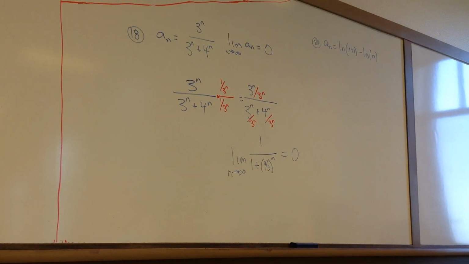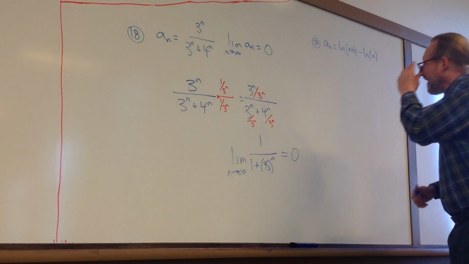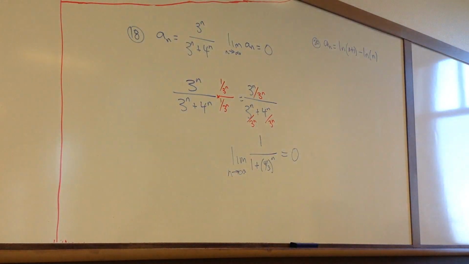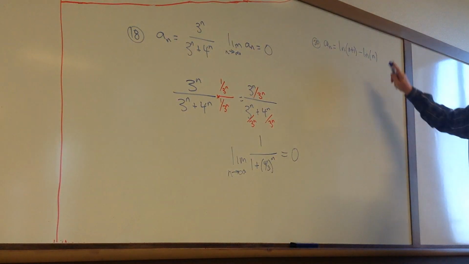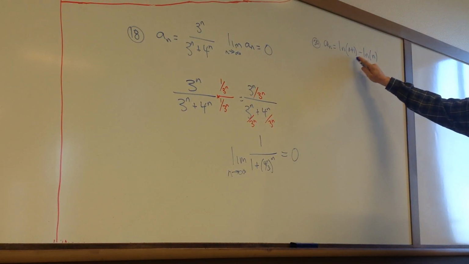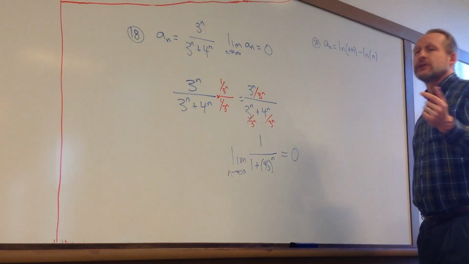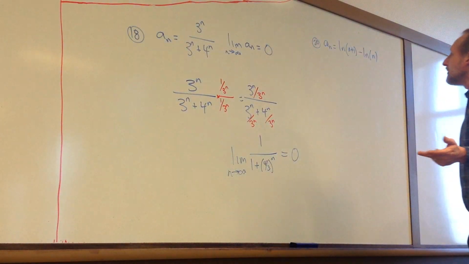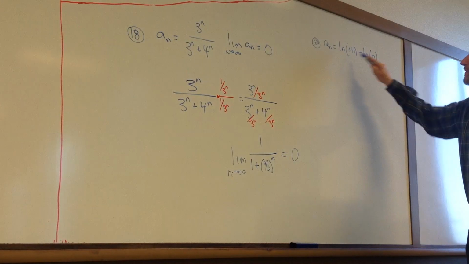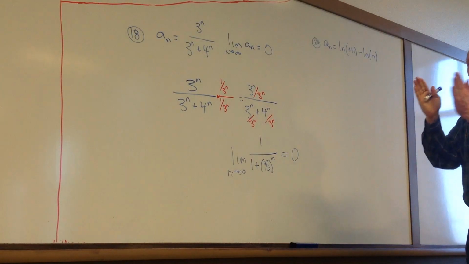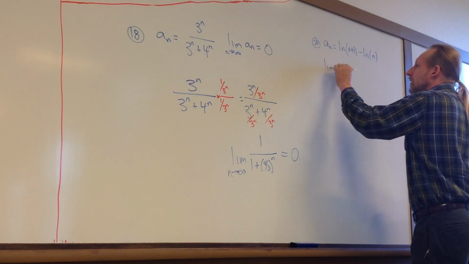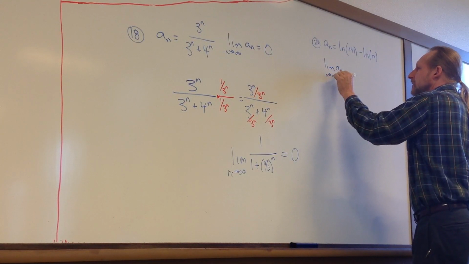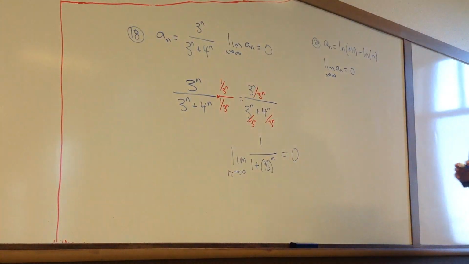So again, by reasoning, what we can say is that as n becomes infinitely large, the difference between n and n plus 1 is going to essentially disappear. And so the natural logs of these two quantities are going to be indistinguishable from each other, and so our limit here of a sub n as n goes to infinity, in this case, will also be 0.